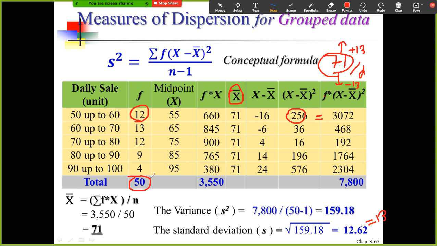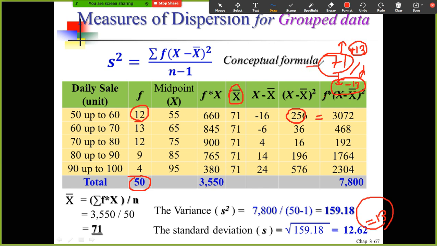But among the 50 sellers, some sellers are outstanding at selling, so on average they could sell 13 higher than average. But some sellers have a lower ability to sell, so they could sell less than average, by 13. What is 13? 13 is here.